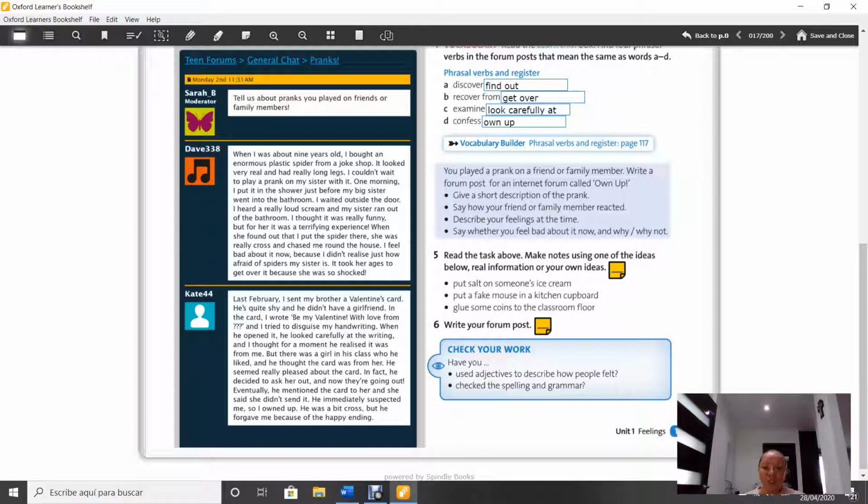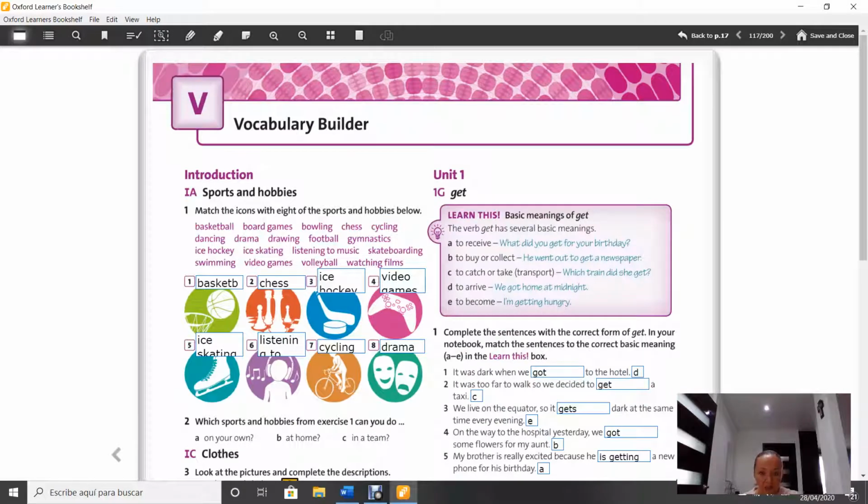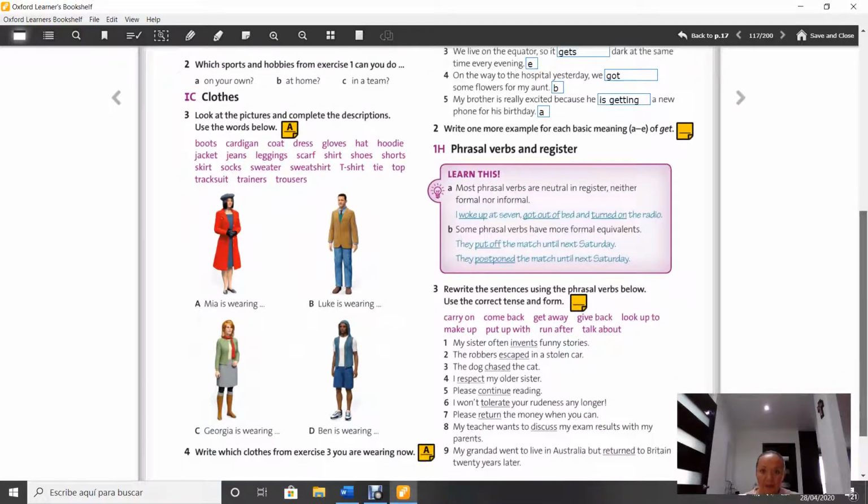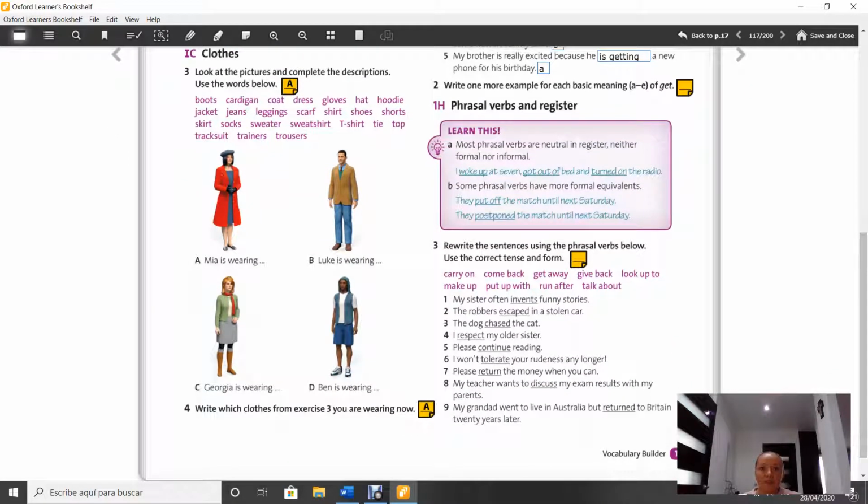So when you have finished writing a little paragraph, maybe around 80 words, I want you to go to the vocabulary builder for phrasal verbs and register, page 117. It's from vocabulary lesson 1H, okay? And it says most phrasal verbs are neutral in register, neither formal nor informal. For example, woke up, got up, or turned on.